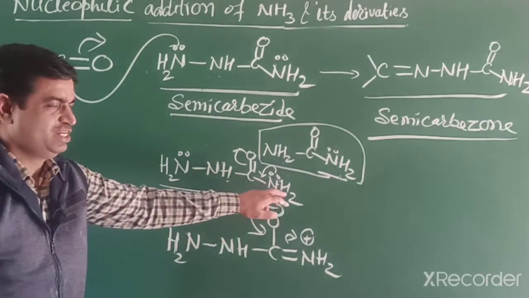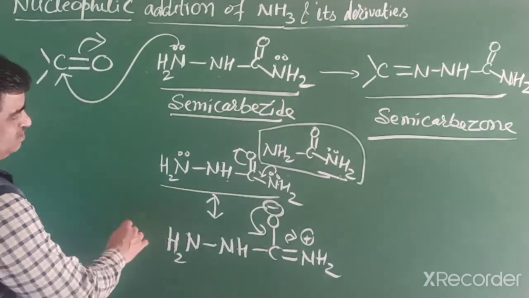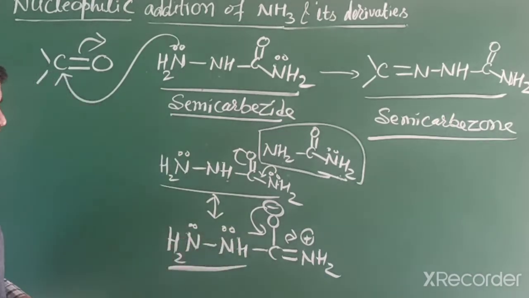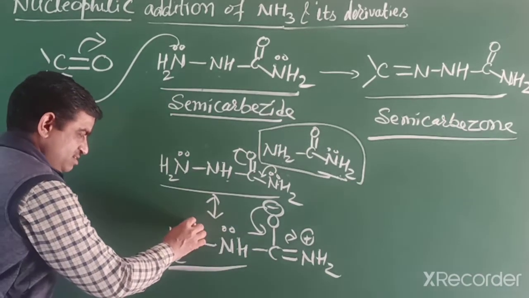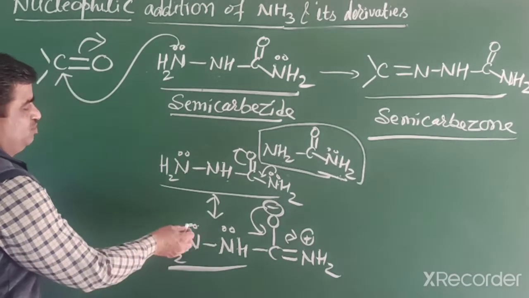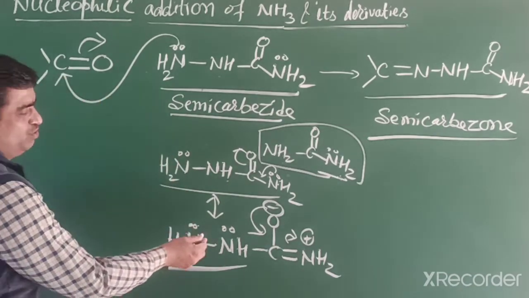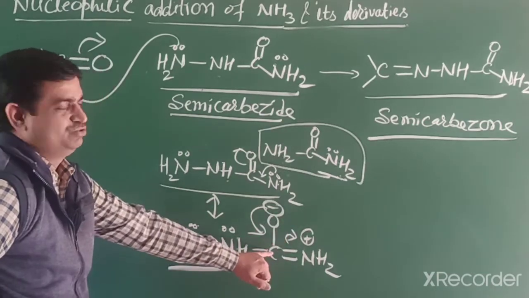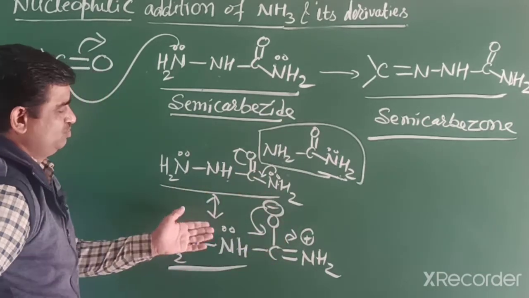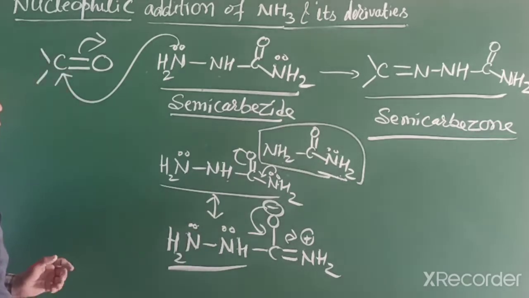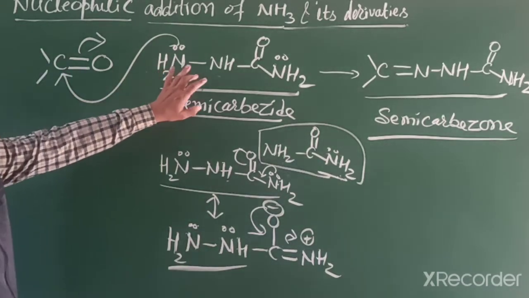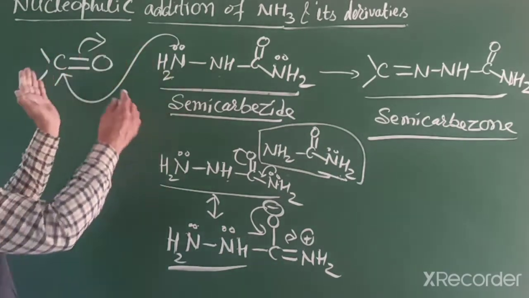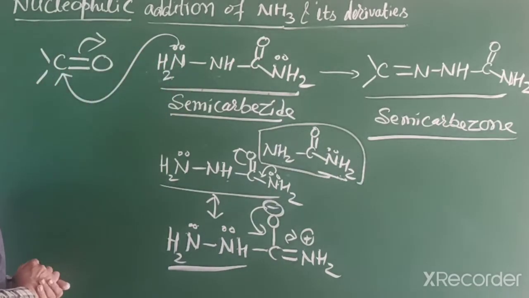So this lone pair is not available. But on the left-hand side there are two nitrogens, and each has a lone pair, so this NH2 can easily attack. Although there are two NH2 groups, only one participates, the one situated on that side.